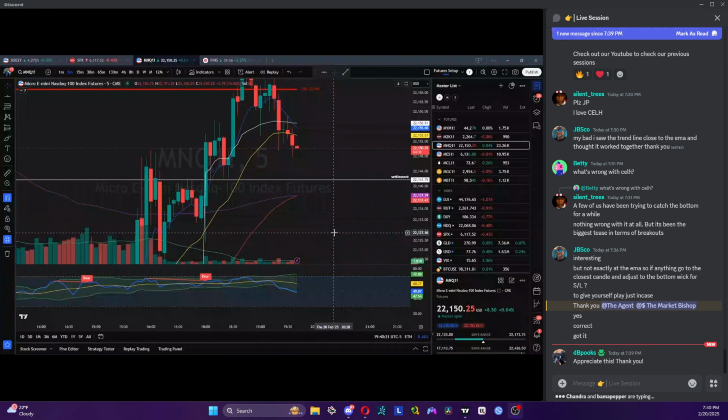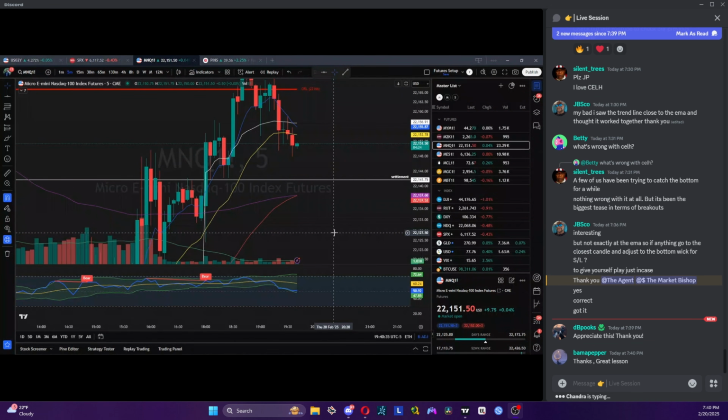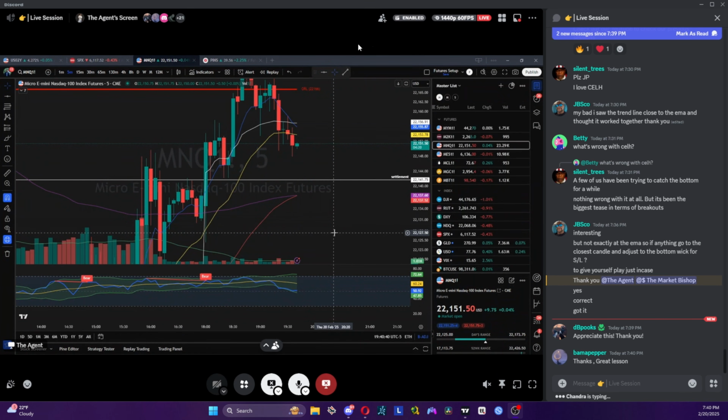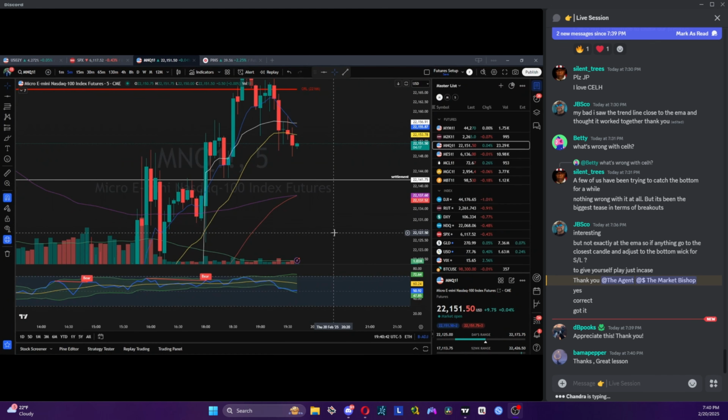Here's what happens with the 10-50 cross on the 5 minute, and I explained this earlier in the day when someone asked me, I think it was Yeats, our trading buddy. I said you wait for that 5-200 cross to happen. Most of the time, when that 5-200 cross happens in either direction, they're going to push it in the opposite direction.